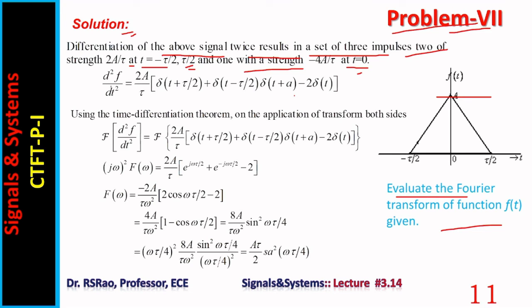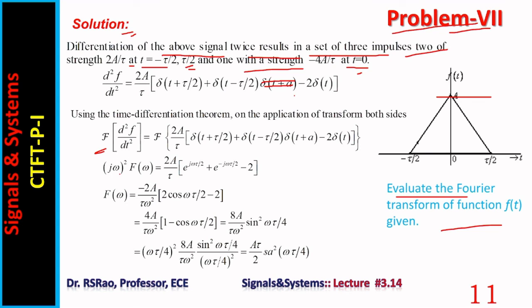So d square f by dt square becomes equal to 2a by tau times [delta of t plus tau by 2, plus delta of t minus tau by 2, minus 2 delta of t]. Now apply the Fourier transform on both sides and use the time differentiation property.